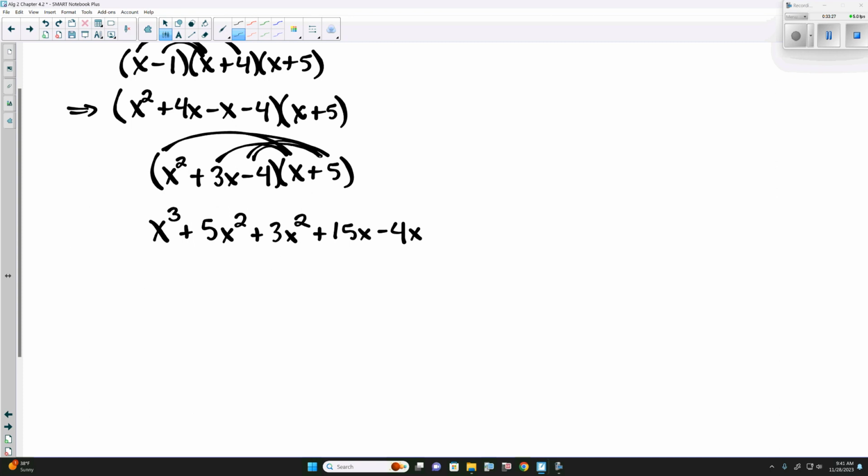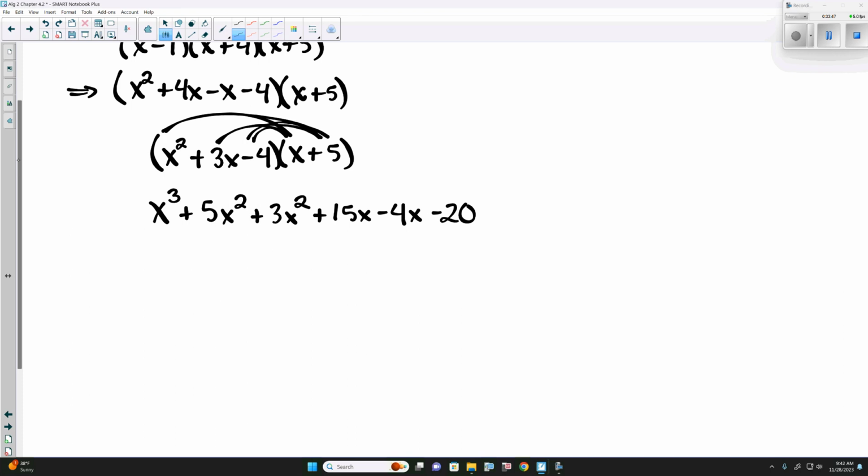And negative 4 times 5 is negative 20. So here we got 6 instead of 8. So it saved us 2 additional terms. And those 2 additional terms would have both been either, one of them would have been an x squared term, the other would have been an x term, but it would have still gotten us to the same result.